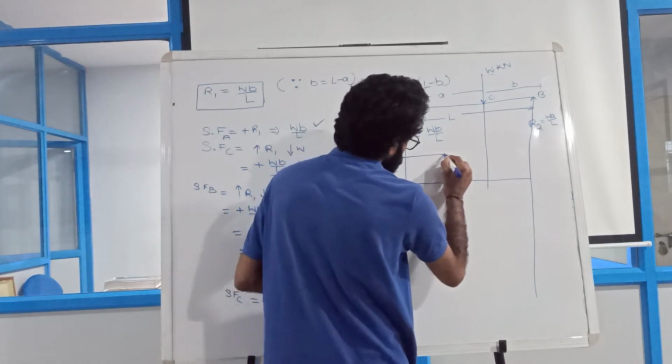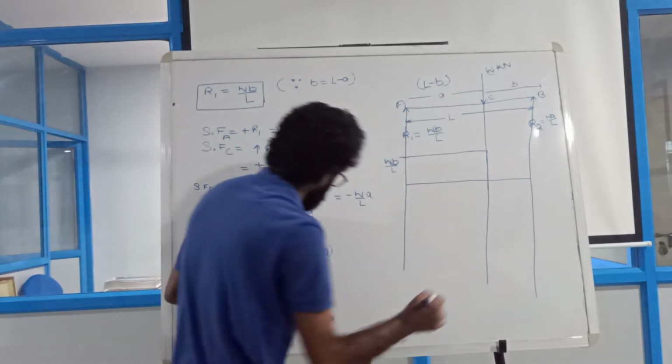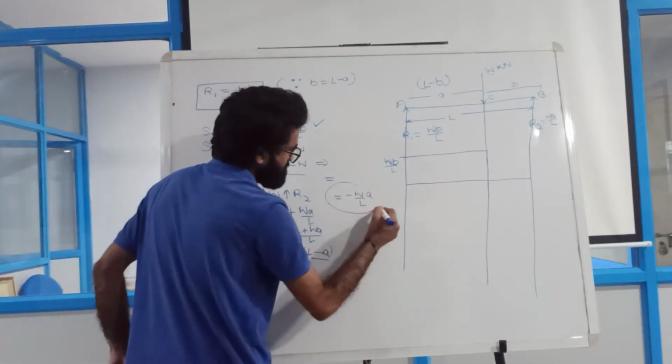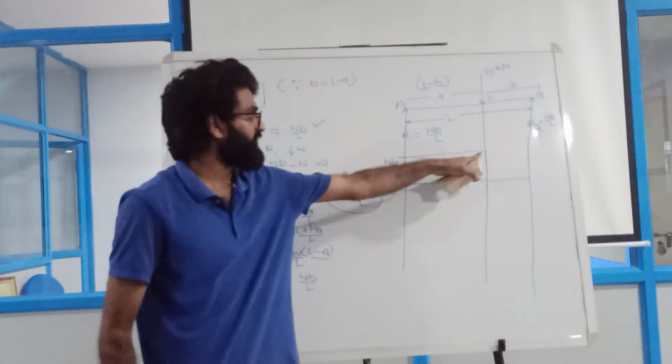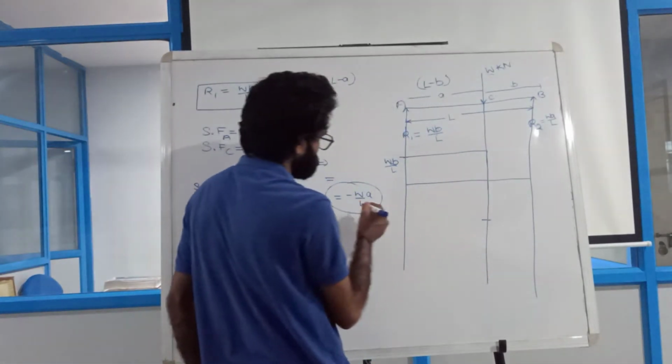So this is my constant line up to the C point, and when I reach my C point, you can see that the value is coming negative. So from here at C I have to go negative. How much is it coming negative?